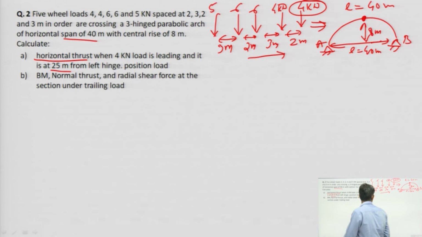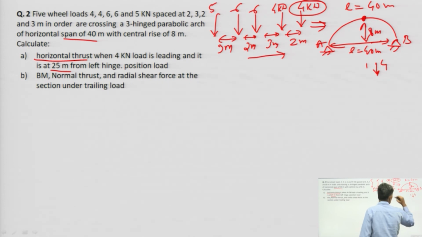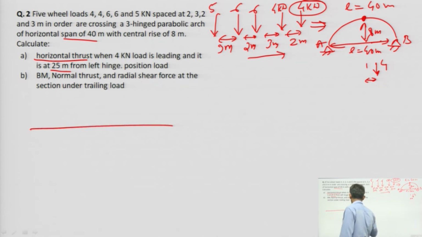It is 25 meter from left hinge, means 25 is 20 plus this one, this is 4. Okay. So, what will be the position? Actually, let me make a big figure. If this is the midpoint, this is the 20.